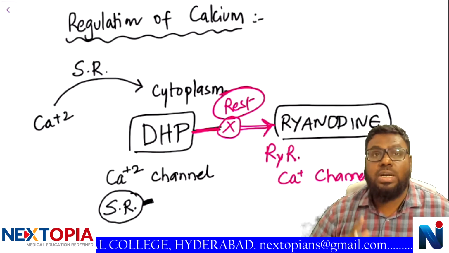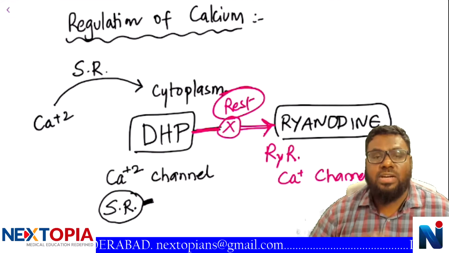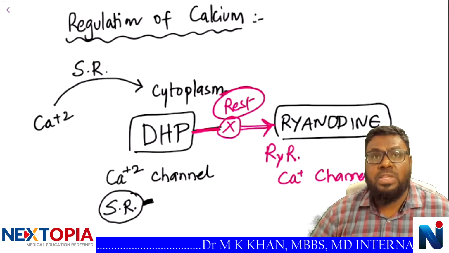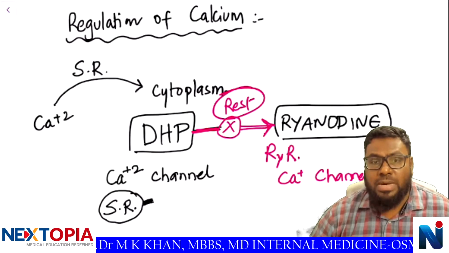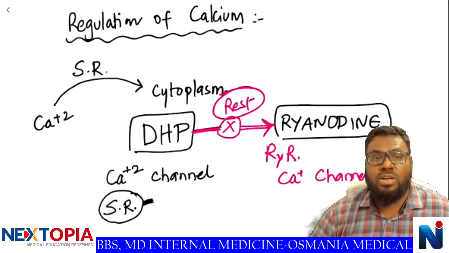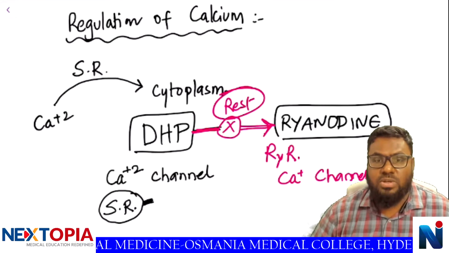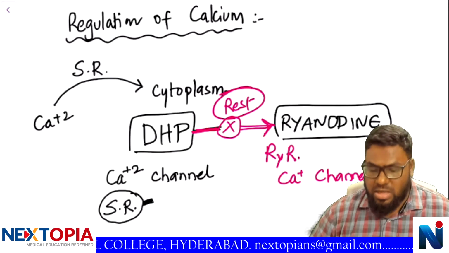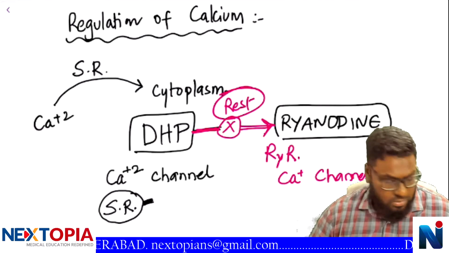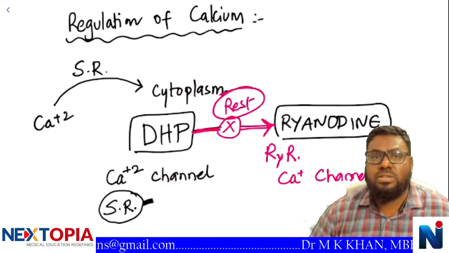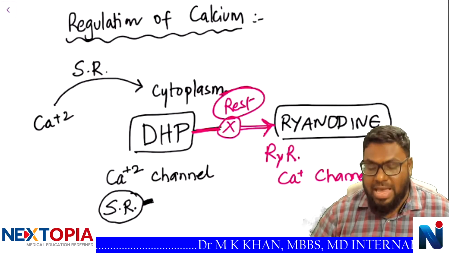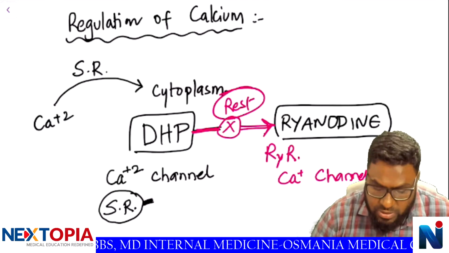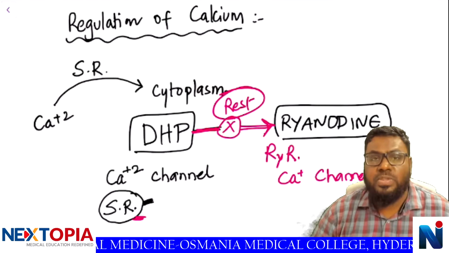Whereas the ryanodine receptor, which is regulated by the dihydropyridine receptor whenever muscle is at rest, prevents calcium from diffusing out into the cytoplasm. So at rest, the calcium is held back in the sarcoplasmic reticulum thanks to the ryanodine receptor present on the sarcoplasmic reticulum.